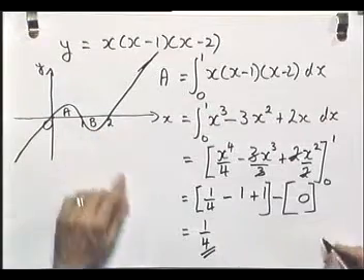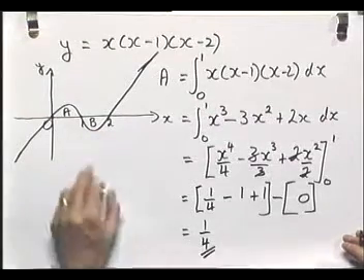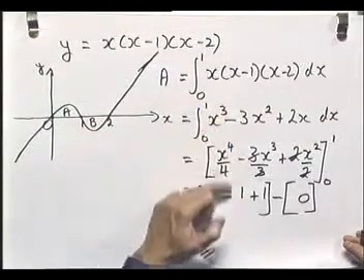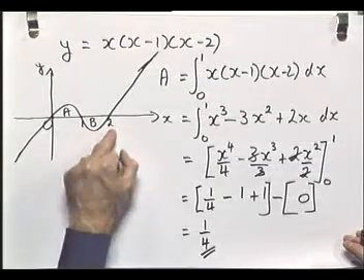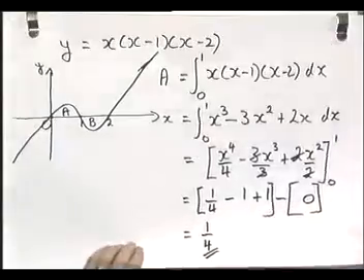What about area B? We can find that by doing the same integration, and this time taking the limits between 1 and 2. So let's look at that one.